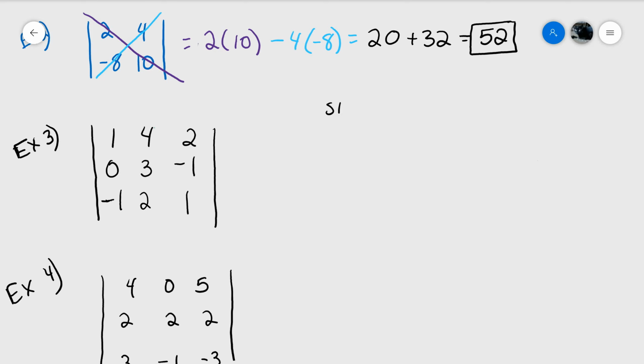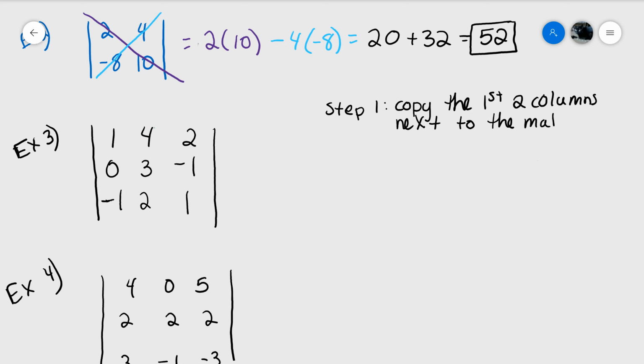So step 1 is you're going to copy the first 2 columns next to the matrix, on the right. So I'm going to copy this column and this column over on the side, so that I have room to do the diagonals.